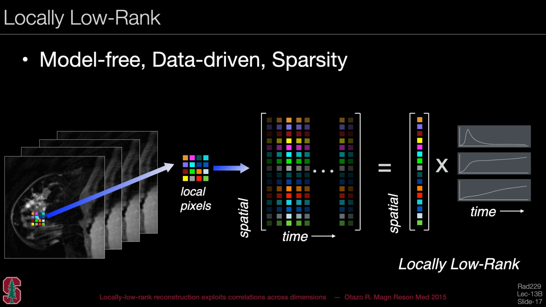It's data-driven, it enforces sparsity, and it allows us to take advantage of a high number of dimensions when we're reconstructing these images. So in order to do this, we need these randomized type acquisitions, which have incoherent artifact, and these are much more successful when you try to suppress this background using these constraints.